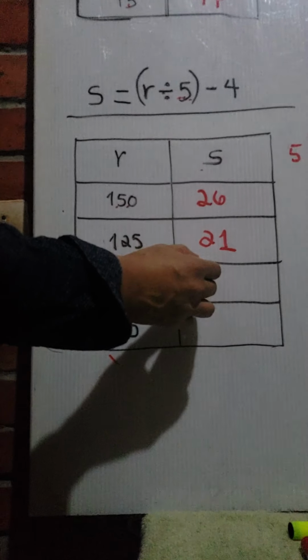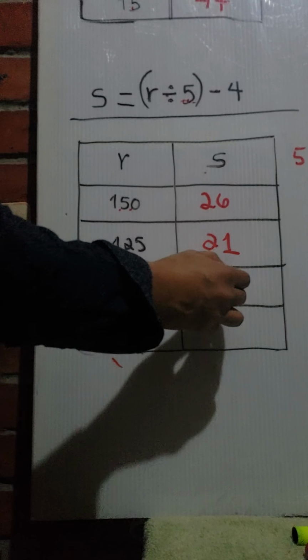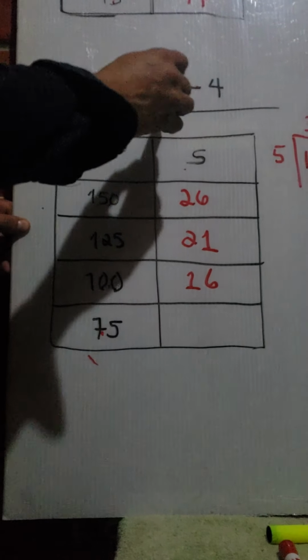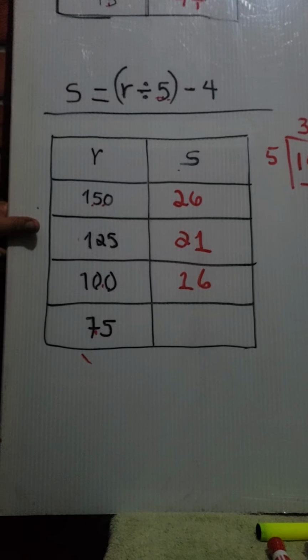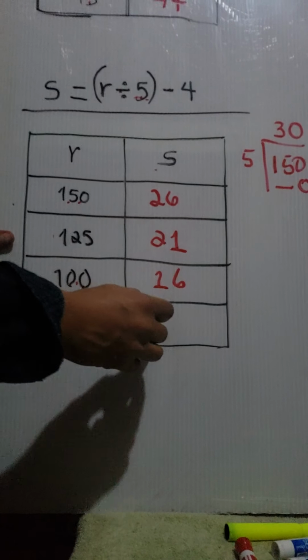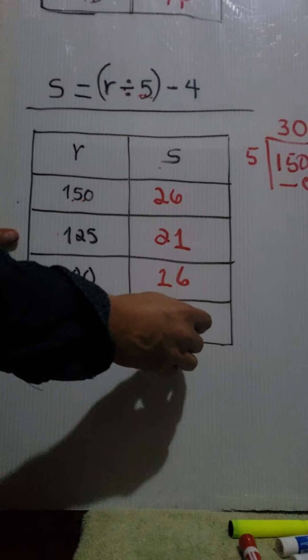Minus 4, 16. 75 divided by 5, that will be 15. Minus 4, 11.